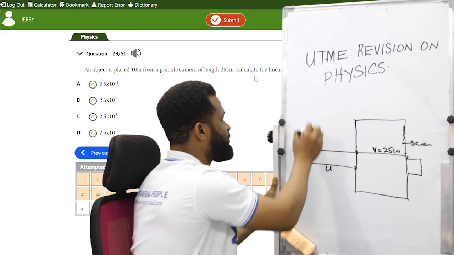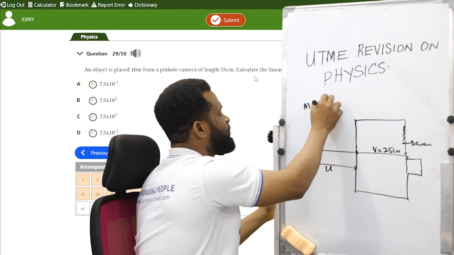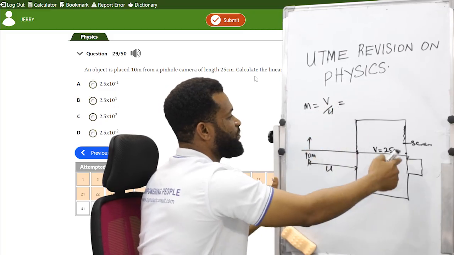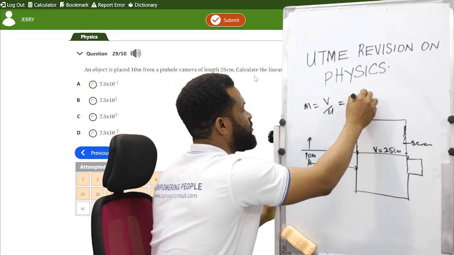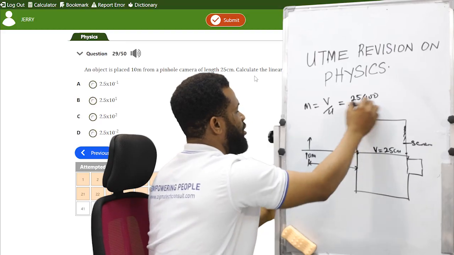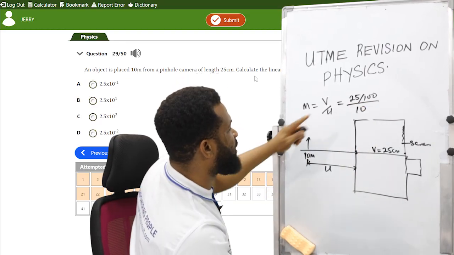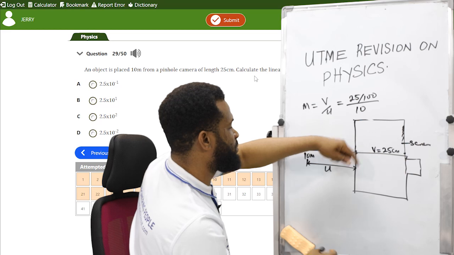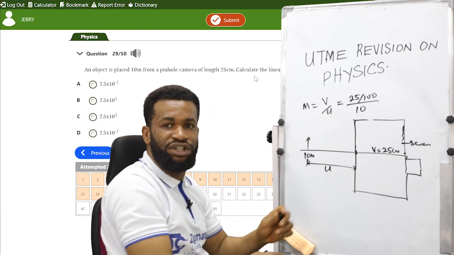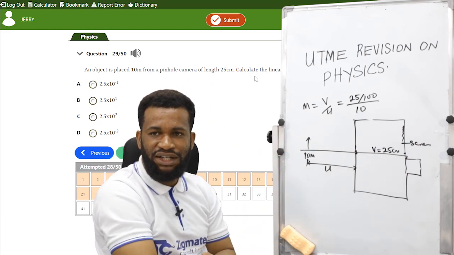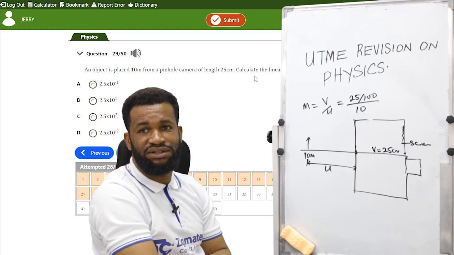Remember that the magnification is V over U, and V is 25 divided by 100 all over 10. Why do I divide by 100? Because 25 cm must be converted to meters, because U is also given in meters, and magnification does not have units.